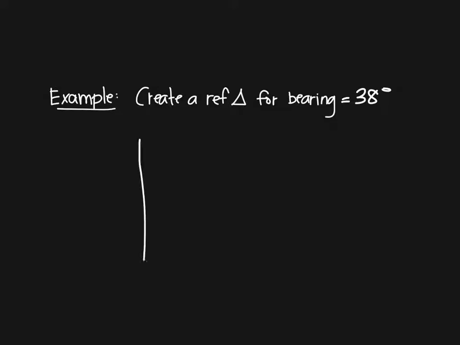So you're going to go ahead and make your axis. You'll mark off 38 degrees. So since our degrees for compasses start with 0 at the top, and always go clockwise off to the right, we'll measure out approximately 38 degrees.